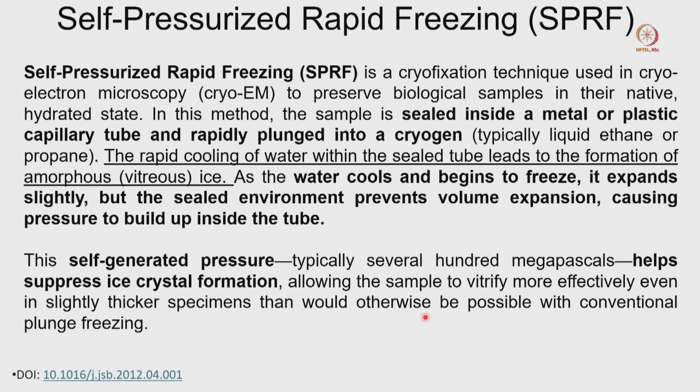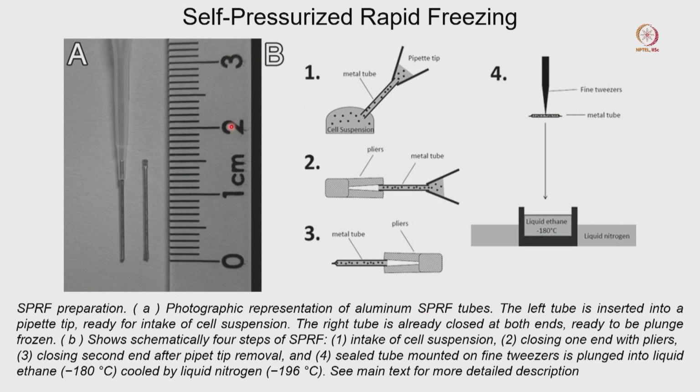So, how can we use these techniques? Here we are showing the self pressurized rapid freezing technique. What is that technique? Here you have a pipette where we have the capillary tube. Using this metal capillary tube and the pipette tip, we are taking the cell suspension inside that tube.